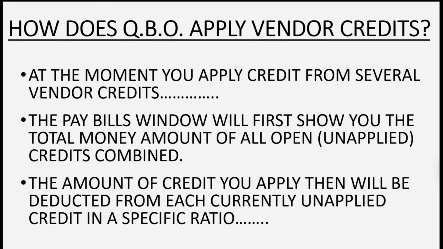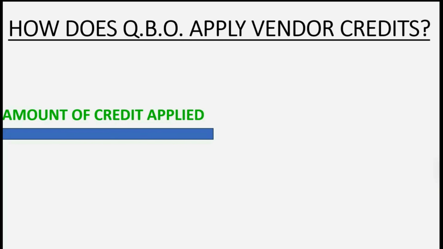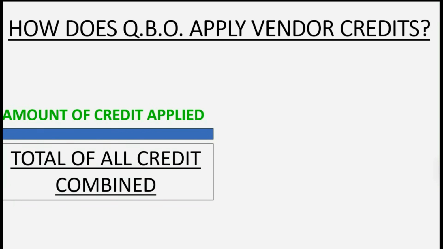The amount of the credit you apply then will be deducted from the currently unapplied credits in a specific ratio. Let me give you an example. The way it works is that QuickBooks Online will divide the amount of the credit that you're applying to a bill by the total amount of all credits.